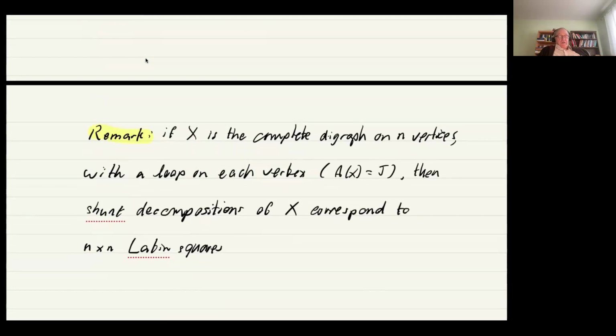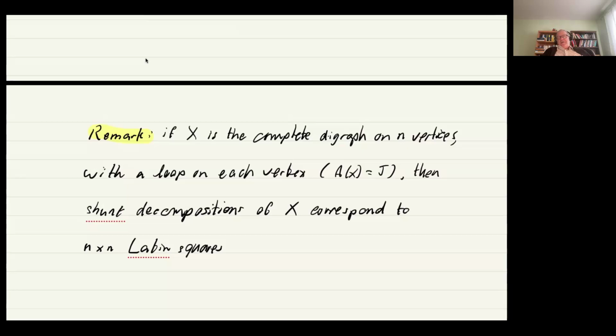Then you can show that the shunt decompositions of X correspond to n by n Latin squares. I'll leave that as an exercise. But an n by n Latin square is an n by n matrix with entries 1 through n, where each integer occurs exactly once in each row and each column. So it's a sum of n permutation matrices. And so there's your shunt decomposition.